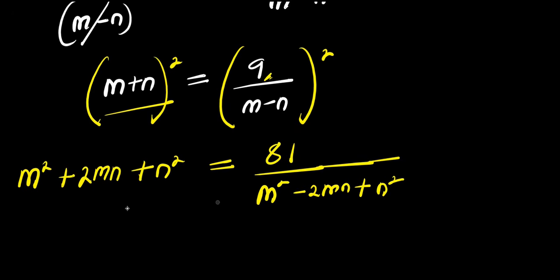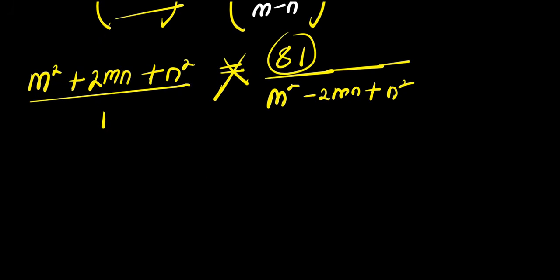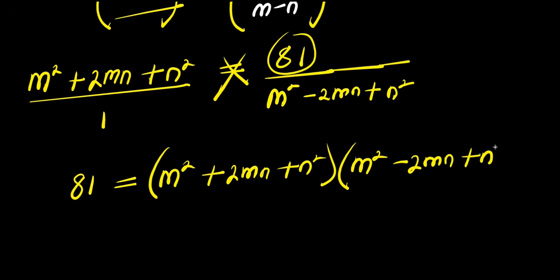Now what you are going to do will be to cross multiply this over 1. You cross multiply. 81 multiplies 1. We have 81. And this equals this, multiply this. You have m squared plus 2mn plus n squared times m squared minus 2mn plus n squared.